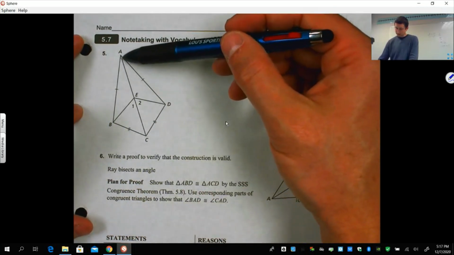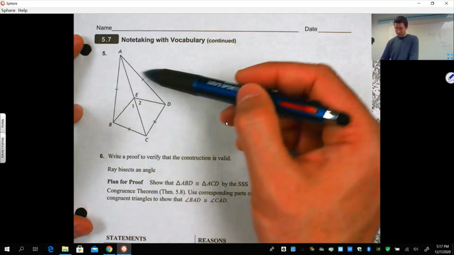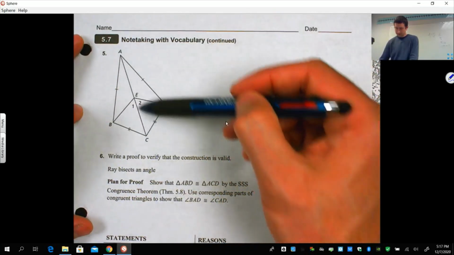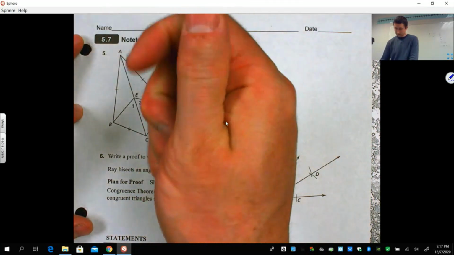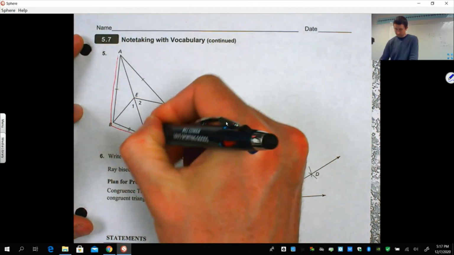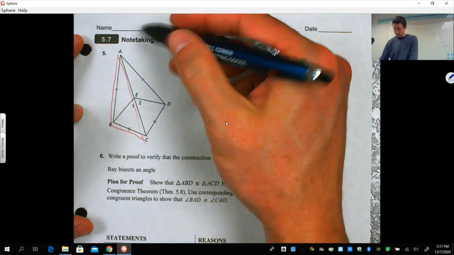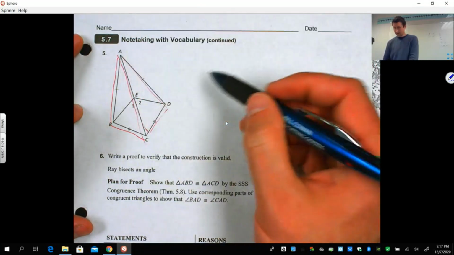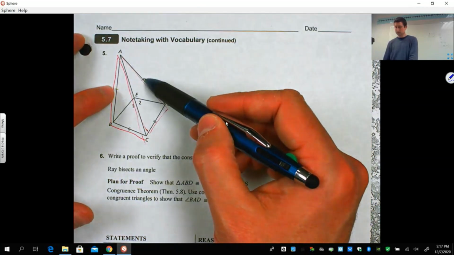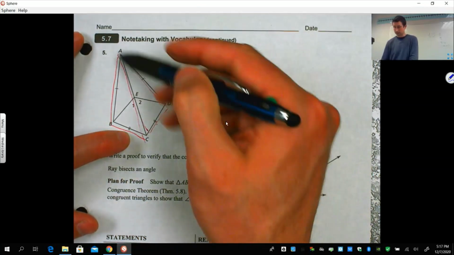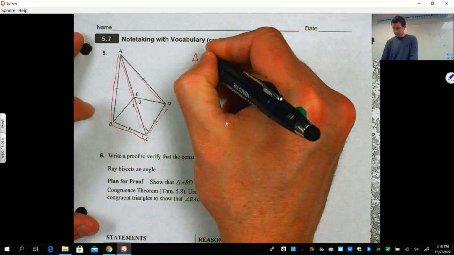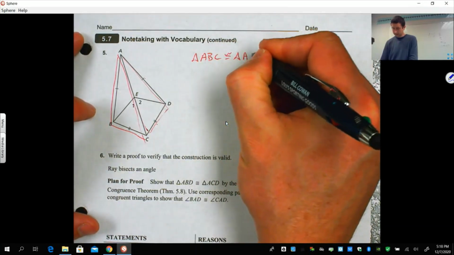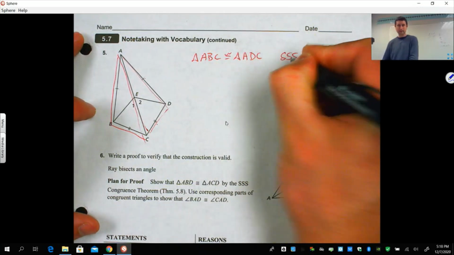So then I have to look at the bigger one. I notice these tick marks up here. So if I look at triangle ABC, this big one here, and triangle ADC, I'm like, oh, they have those two sides congruent, they share a side. So I know triangle ABC has to be congruent to triangle ADC by the side-side-side congruence theorem.